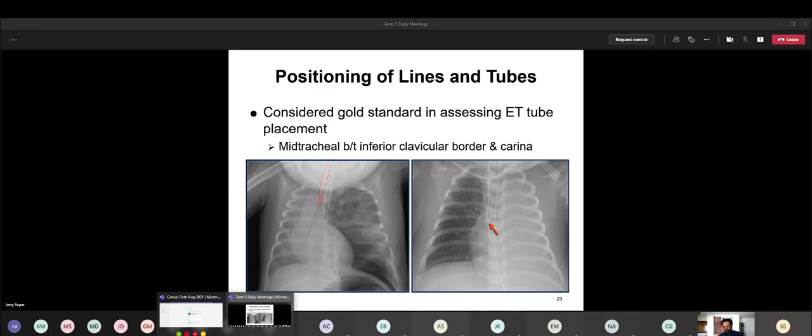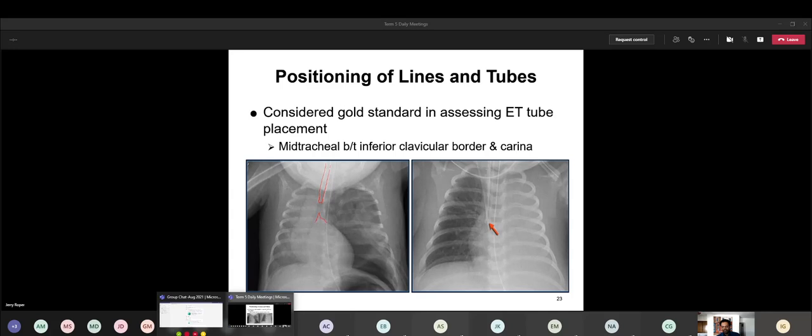All right, so this looks to be good placement. It's kind of hard to see the clavicular heads here, but we know it's in this region here. So it all looks well, and I can even see the carina. Baby films usually show up pretty clearly.